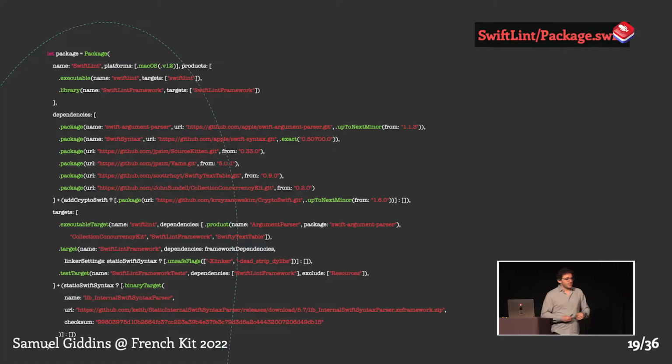The Swiftlint target has a dependency on these frameworks. And when we say that dependency, we literally just say, hey, here's a dependency on another Swift package. It's really focused on explaining what the build is trying to do, rather than the imperative steps to perform the build.